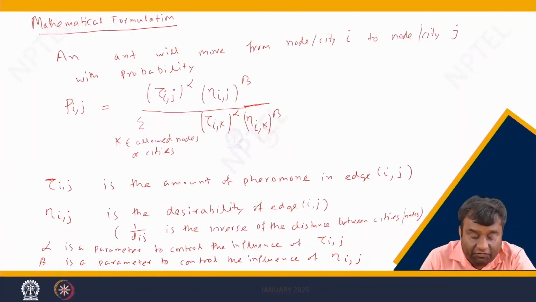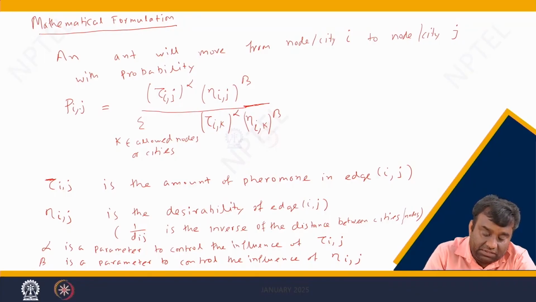So these are the mathematical formulations. An ant will move from node or city i to node or city j with probability P_ij equal to tau_ij to the power alpha times eta_ij to the power beta, divided by the summation over k belonging to allowed nodes or cities of tau_ik to the power alpha times eta_ik to the power beta. Where tau_ij is the amount of pheromone on edge i to j, eta_ij is the desirability of edge ij, sometimes it is 1 by d_ij, that is the inverse of the distance between cities or nodes.